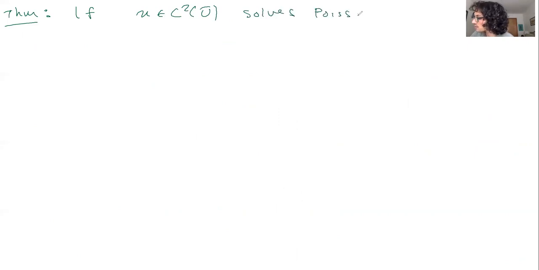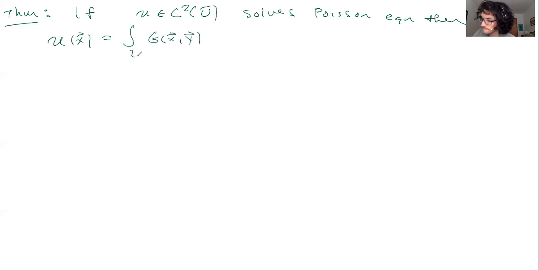Okay. So let's say that U is C2 and it solves the Poisson equation. Then the following thing is true. So U is equal to this integral over G and F. Okay.